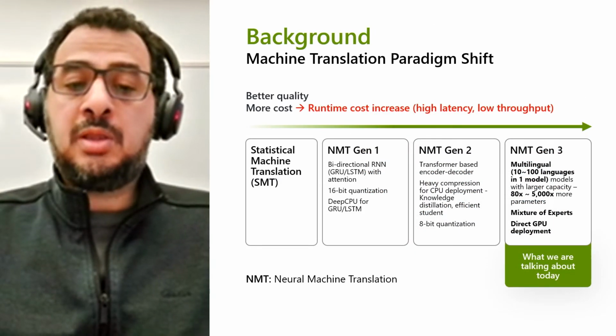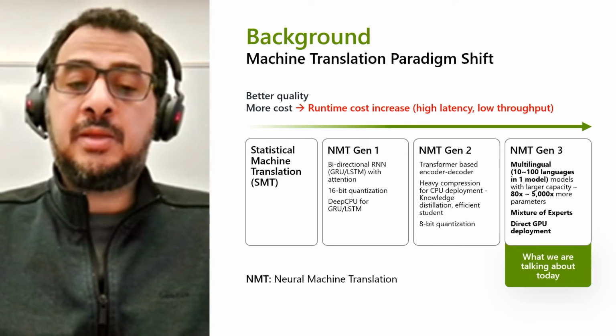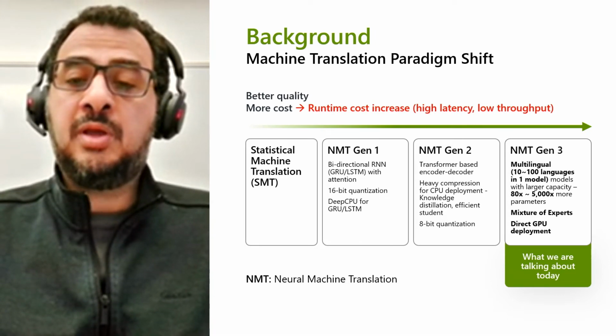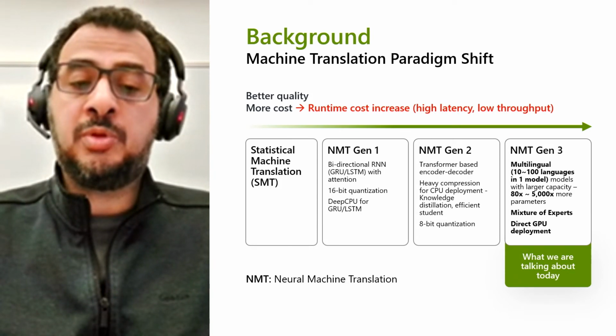That work is enabling us to shift our neural machine translation to a new paradigm. In that third generation paradigm, we are getting rid of the complex pipelines of the second generation, where we have to distill and compress larger transformer models into smaller models such that we are able to deploy them on CPU.